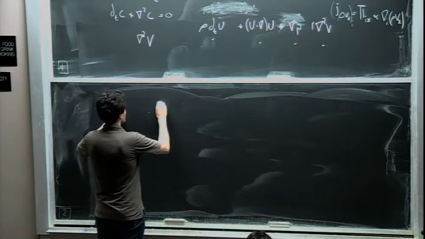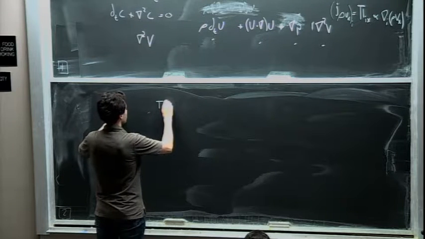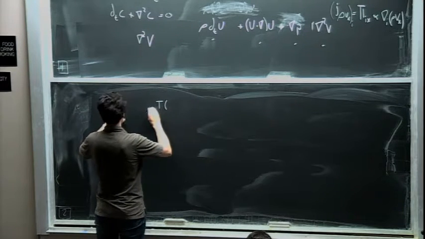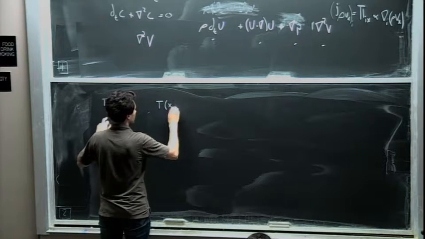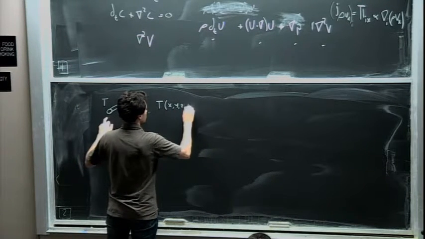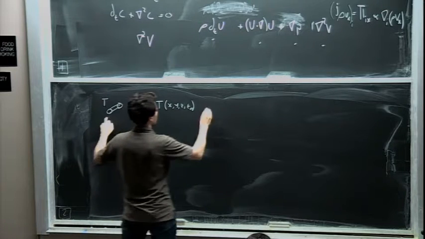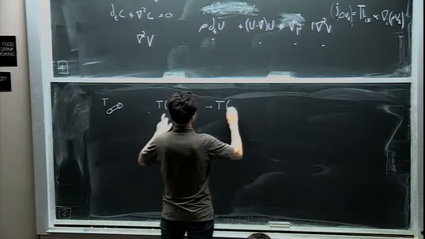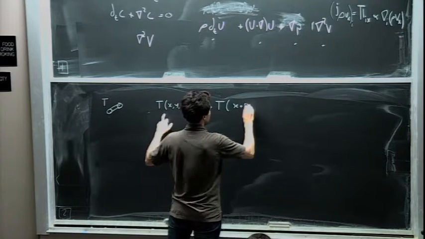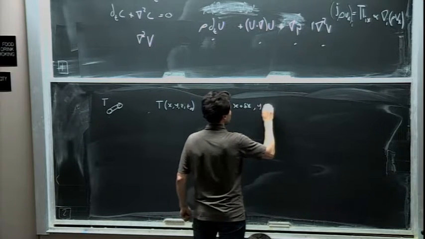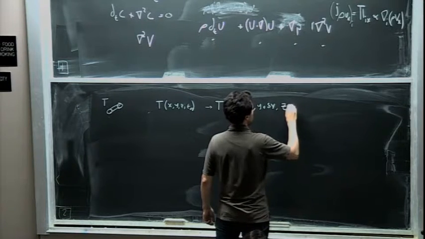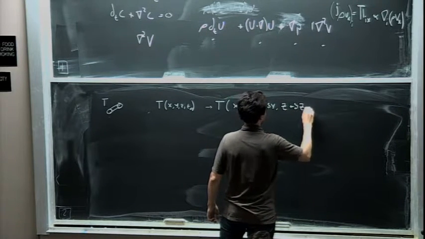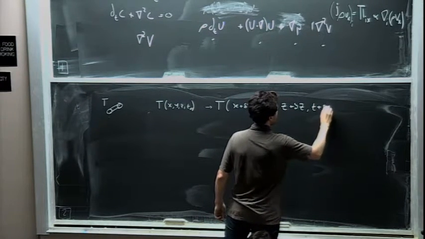So this property which I'm tracking is, at this time, simply T of x at time 0. And this is going to become T of x plus delta x, y plus delta y, because it moves, z plus delta z, t plus delta t.